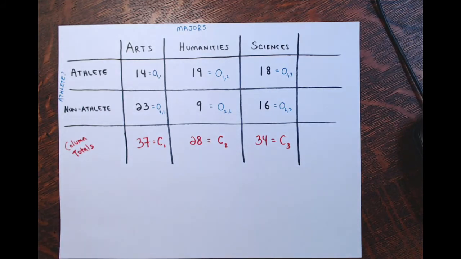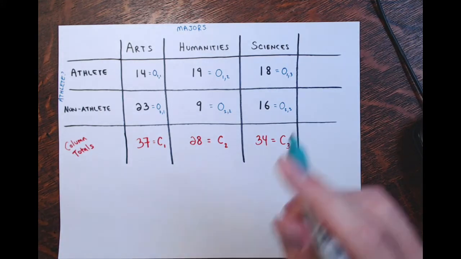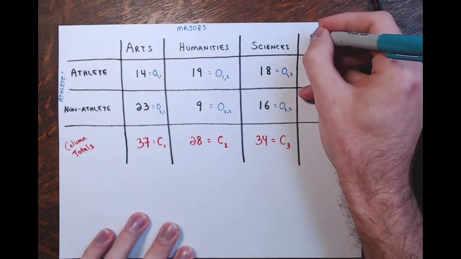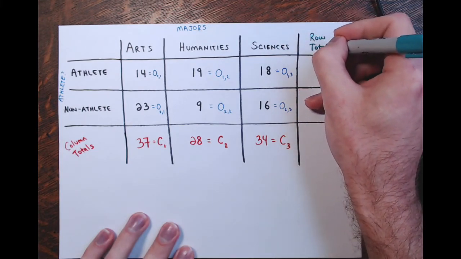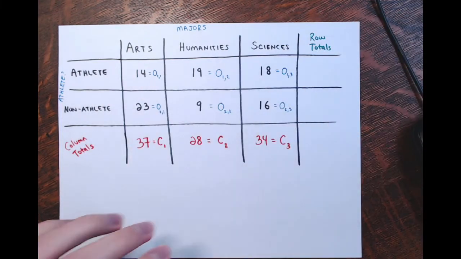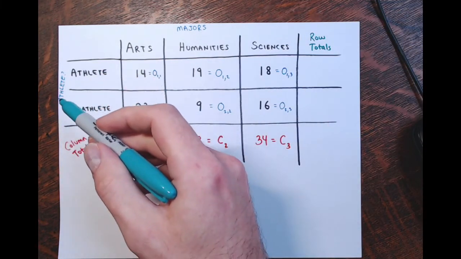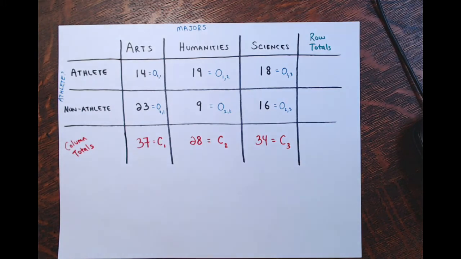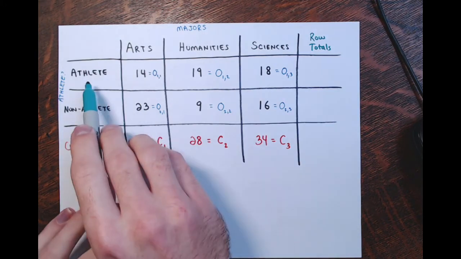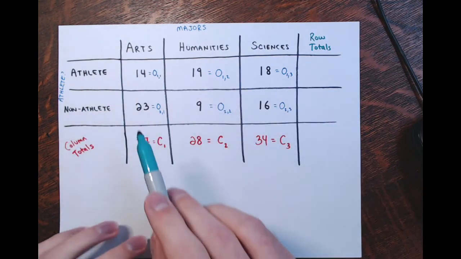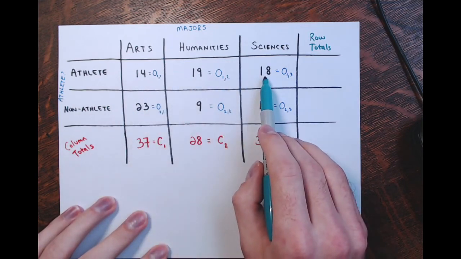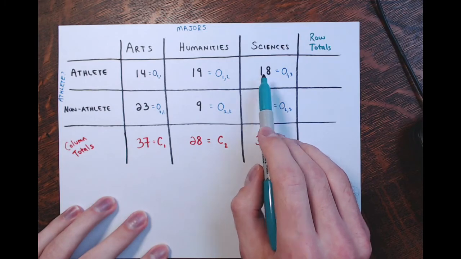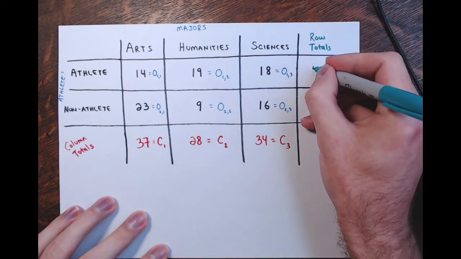All right. And then down this column, I'll put the row totals. These row totals tell me about the factor of whether or not a student is an athlete. So how many athletes were surveyed? Well, 14 and 19 is 33, plus 18 is 51.